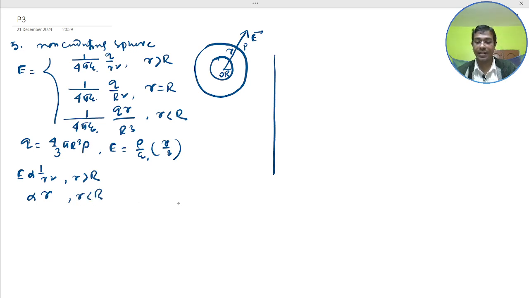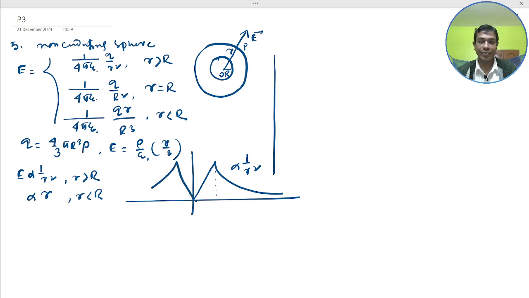And the graph would become: this is proportional to 1 by r square, and symmetric like this. So r is origin, r, and the electric field like this.